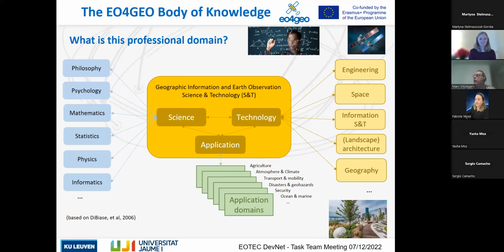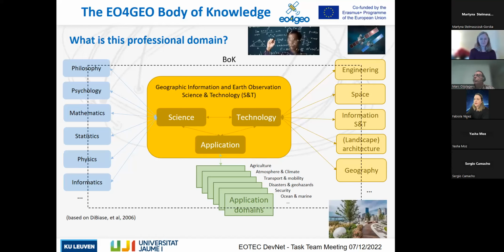It's related to engineering, to information technology, but also to statistics, physics, sociology, and of course it's also related to applications and to domains like agriculture, security, and so on. We do not want to cover all these other domains, of course. What the body of knowledge covers is the way these domains are related to geographical information or Earth observation.